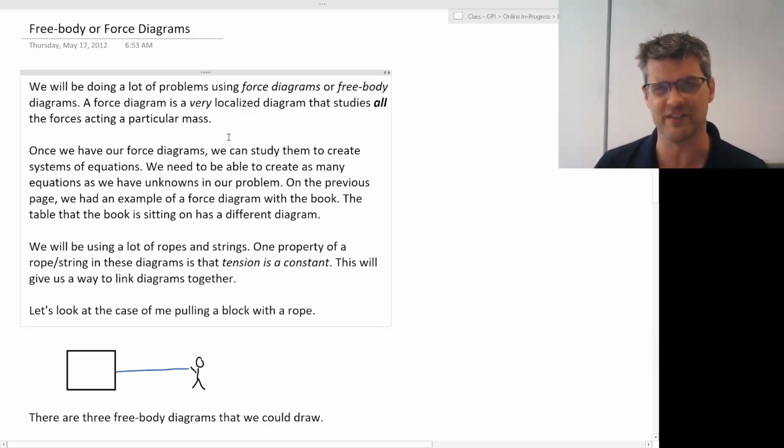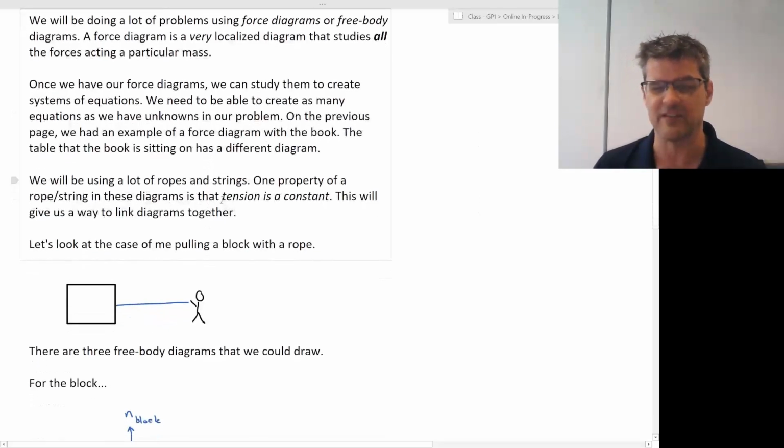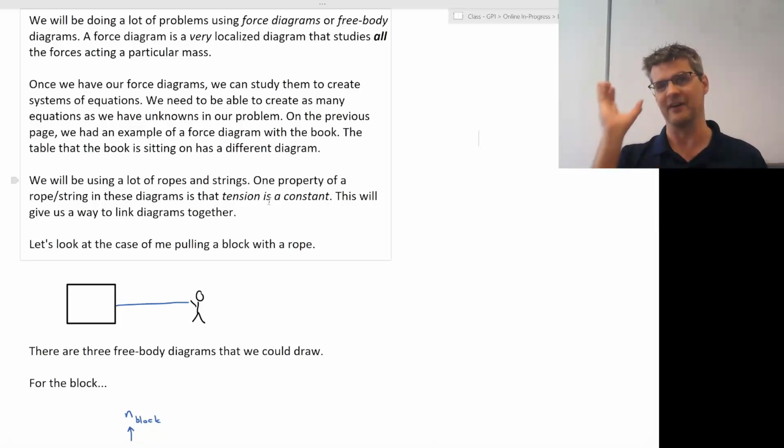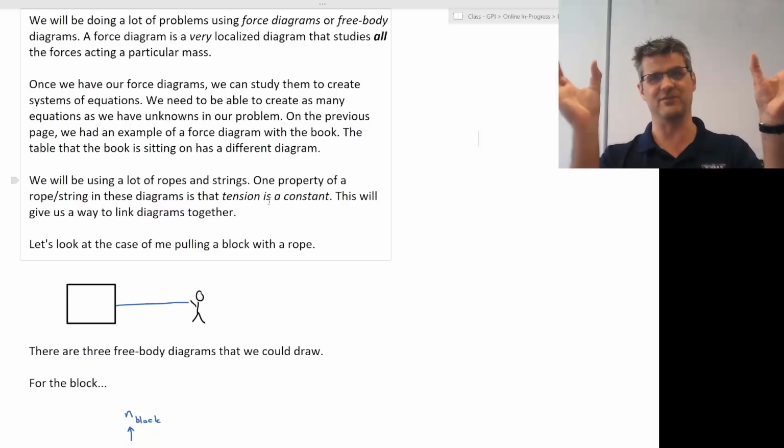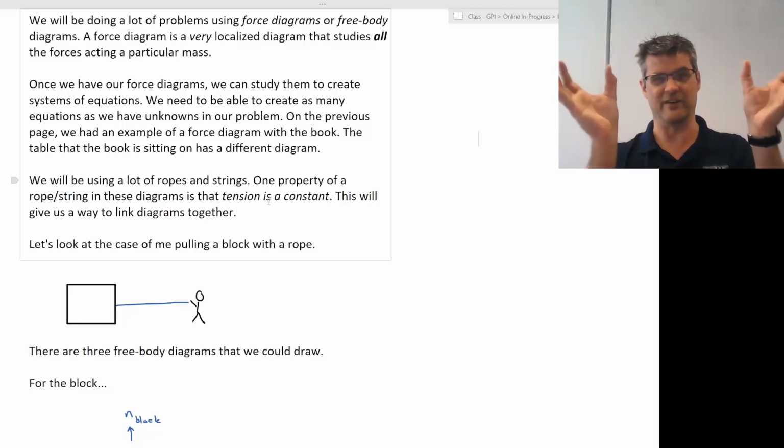Now, one of the ways that we are going to commonly apply forces is with ropes or strings or the like. So the tension in some string is going to be a constant. This tension is commonly going to be a way for us to link different masses together. So we might have mass 1 and mass 2 tied together in some way or another.